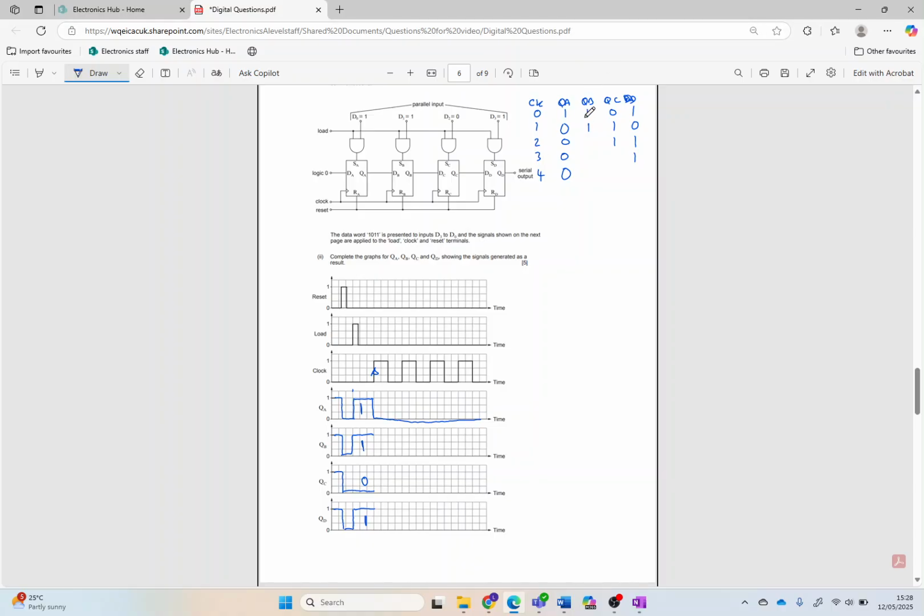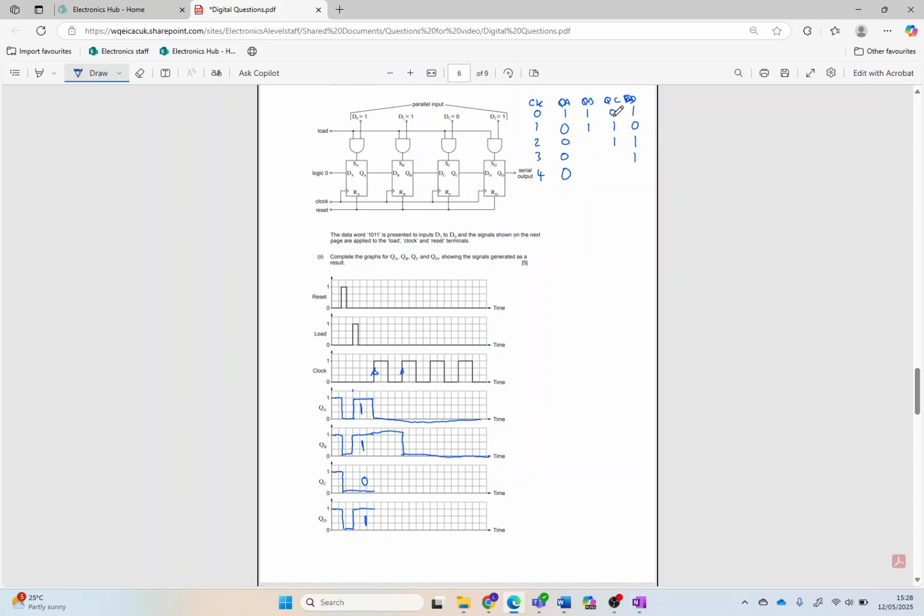Okay, looking down column B, on the first clock pulse it will stay high because we've got a 1 there. So to that point there, and then come down. Yes, I should be using a ruler, but then looking at the diagram, we're going to have zeros there, so that's going to go along there like that.